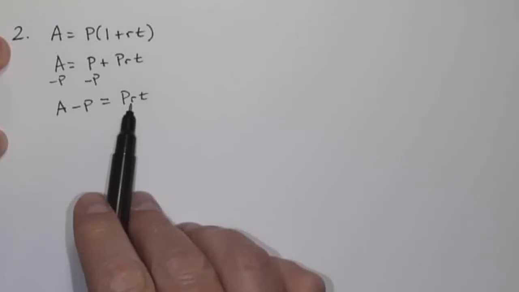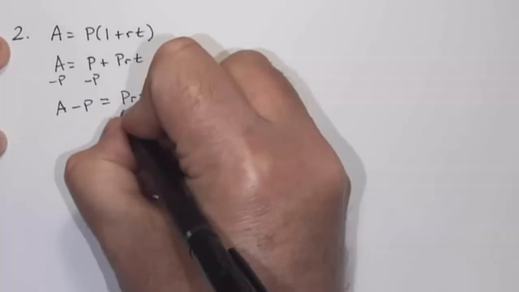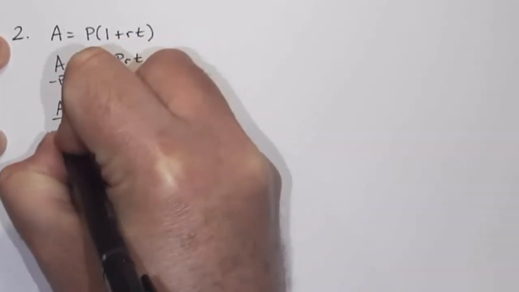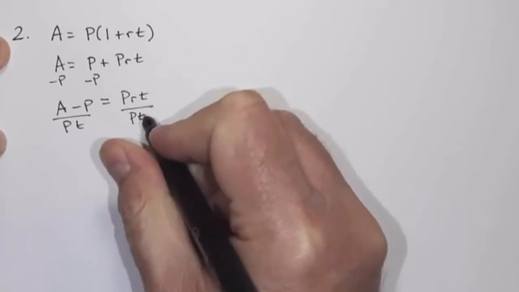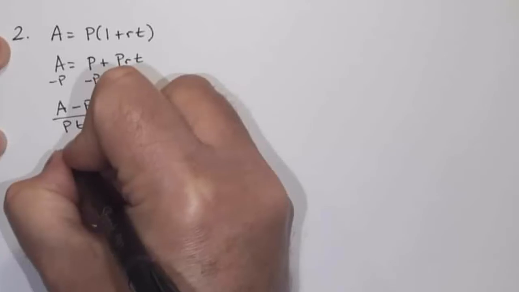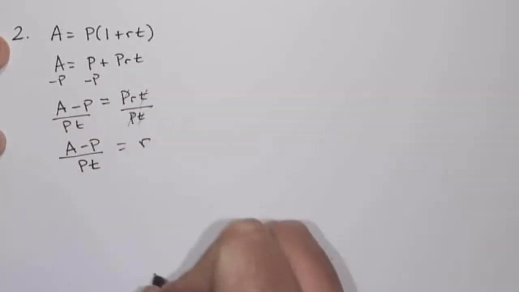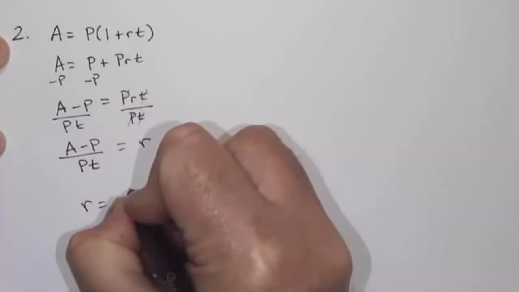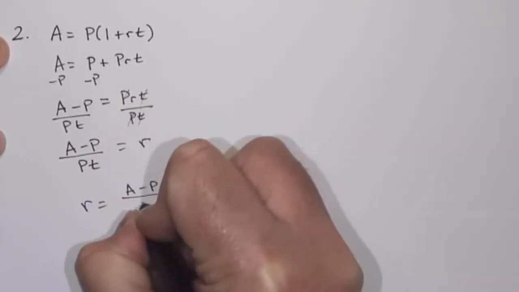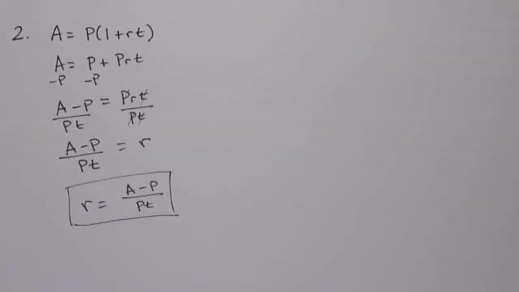To get the r by itself, I'm going to divide both sides of the equation by P and T. On the right-hand side, the P and the T will cancel, leaving just the r, and on the left-hand side, we have A minus P over PT. So r is equal to (A minus P) over PT. There is our equation solved for r. Let's look at question 3.